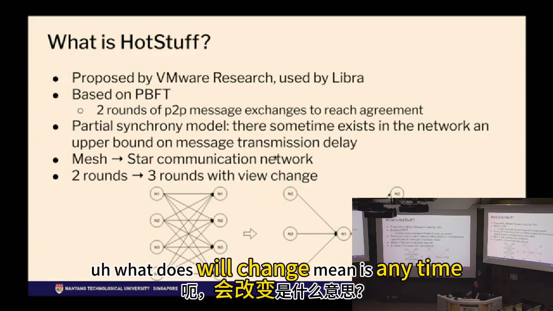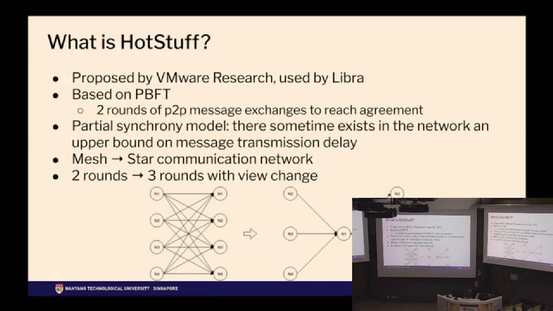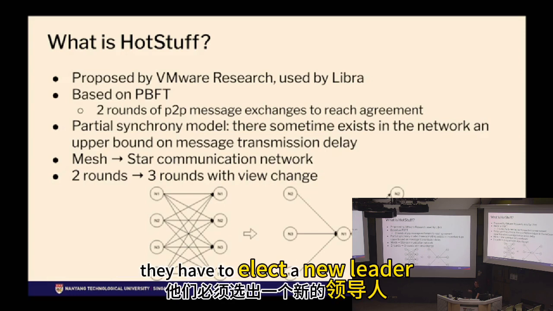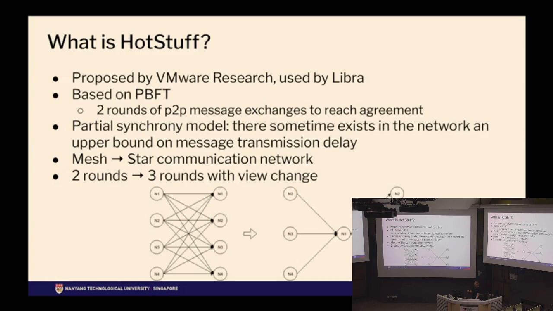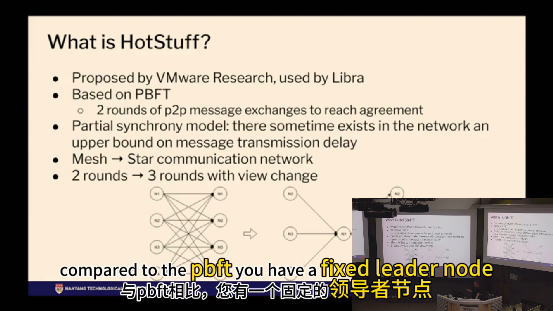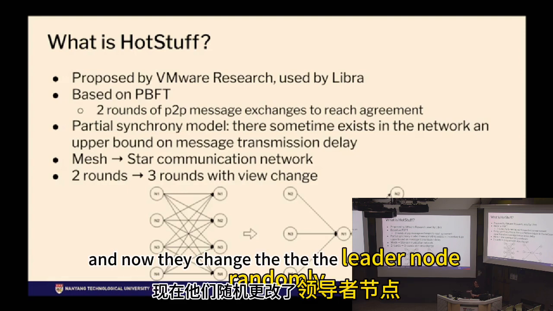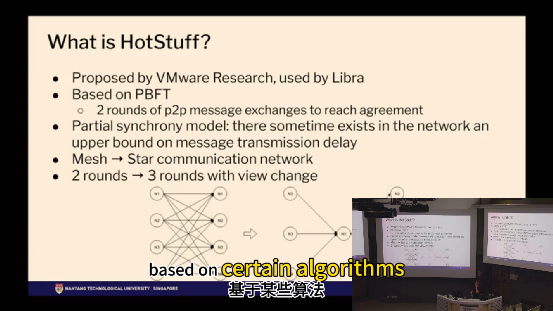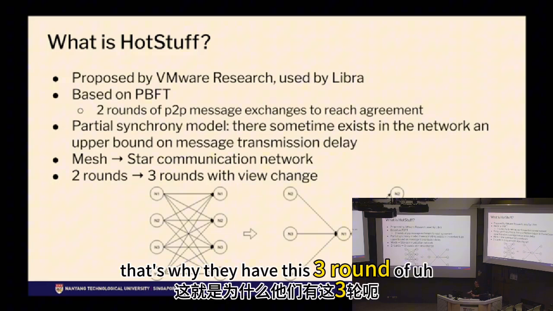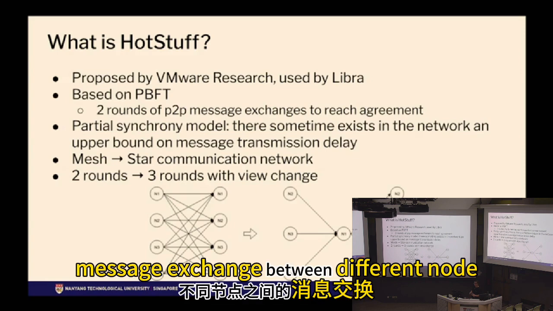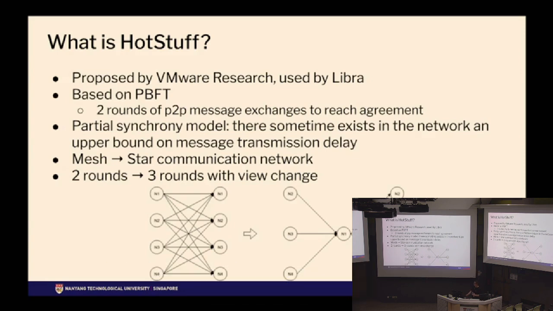What does view change mean? Anytime a new round starts, they have to elect a new leader. Compared to PBFT, where you have a fixed leader node, now they change the leader node randomly based on certain algorithms. That's why they have these 3 rounds of message exchange between different nodes.